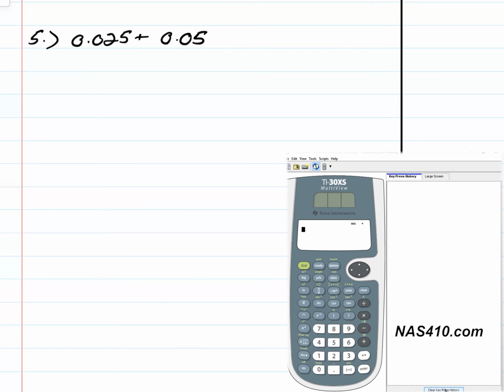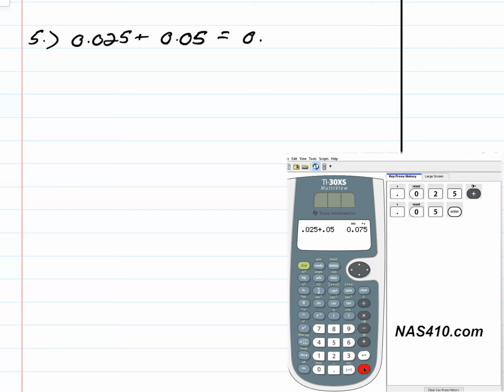Okay, guys, this next problem I have 0.025 plus 0.05. Okay, and again, this is just addition, guys. It's pretty simple. It's more an exercise in using your calculator. So I'm going to put 0.025 plus 0.05.